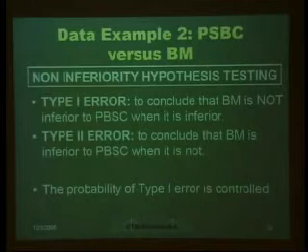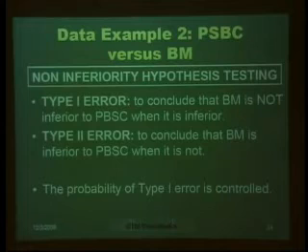So in our data now, my type 1 error would be to conclude that BM is not inferior to PBSC when it is in fact inferior. And type 2 error is to conclude that BM is inferior to PBSC when it's not. And I know the probability of type 1 error. So now I am controlling the probability of the worst error I can make in this example.